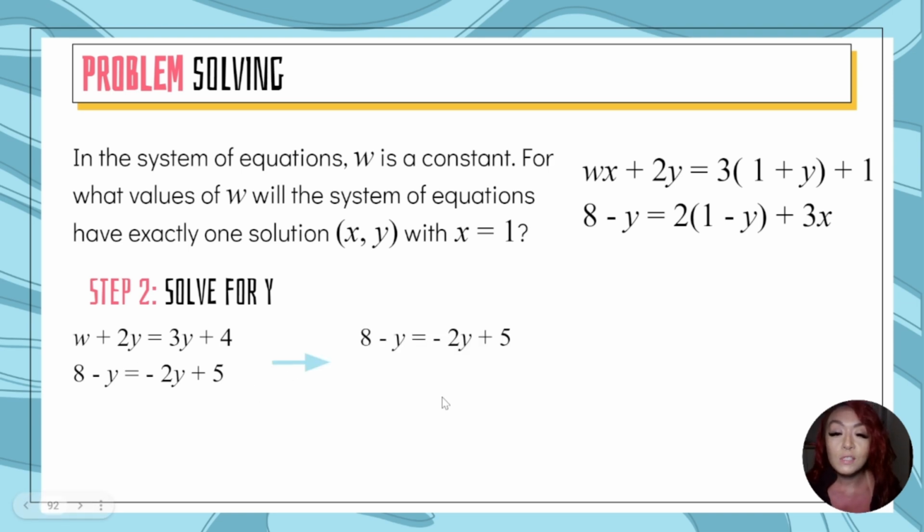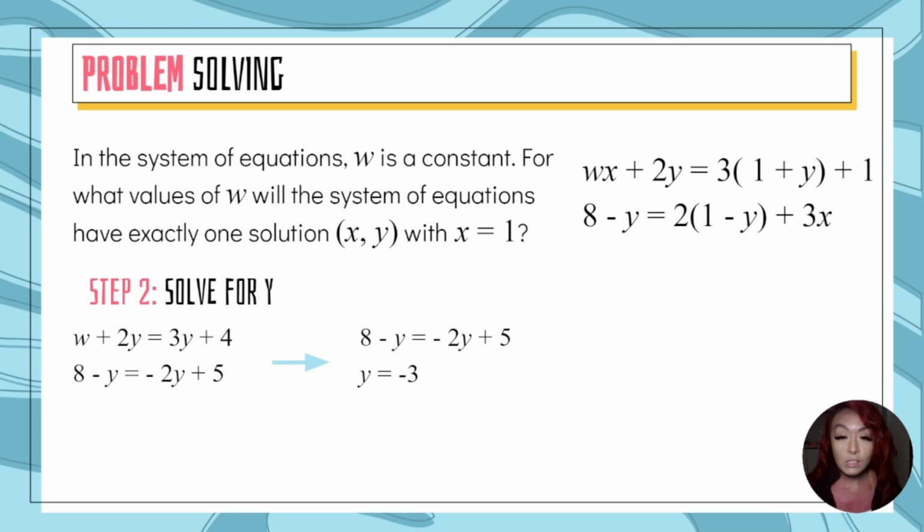We're going to use the second equation, 8 minus y equals negative 2y plus 5, to solve for y, because it's the only equation out of the two that only contains y. The first equation still has w, so we don't have enough information to solve for y in the first equation. So using inverse operations, we end up with y equals negative 3.